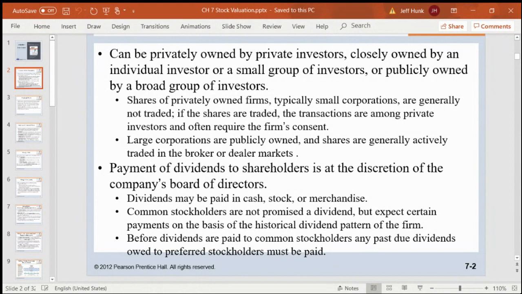That's why the company doesn't owe you a dividend. A company can pay out dividends, but they don't have to. And remember, where does the dividend come out of? The dividend is a portion of the net profit, or EAT.